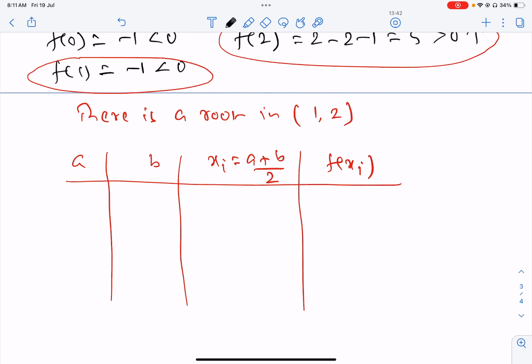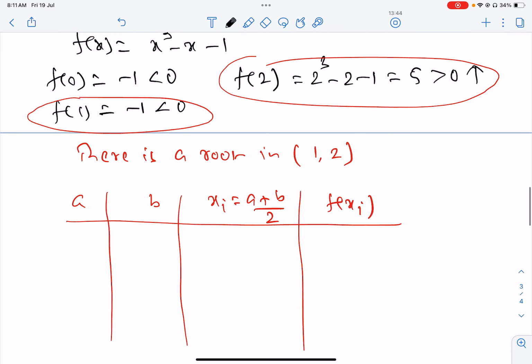So here a is 1 and b is 2, and at 1 f(a) is negative. Okay, this is only you need to take care. f(a) is negative, so at 1 I write negative, and f(b) is positive.